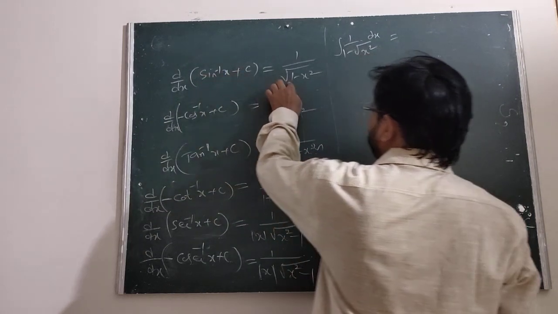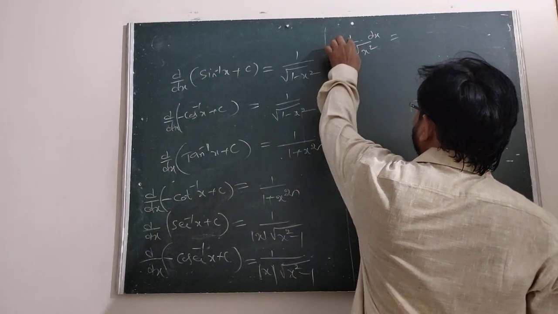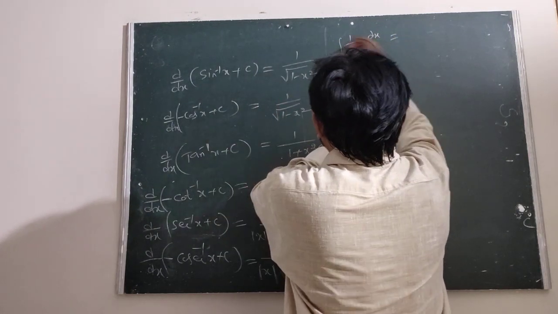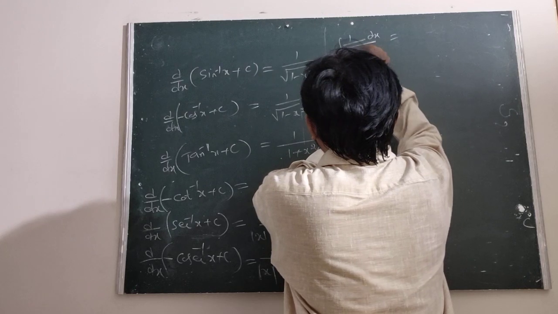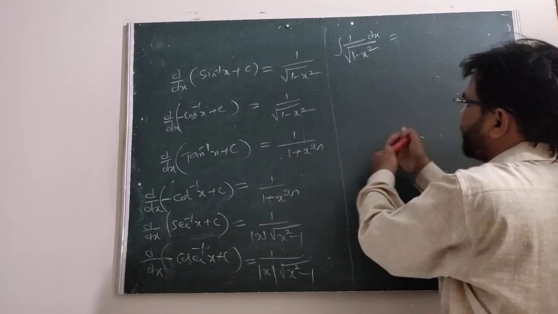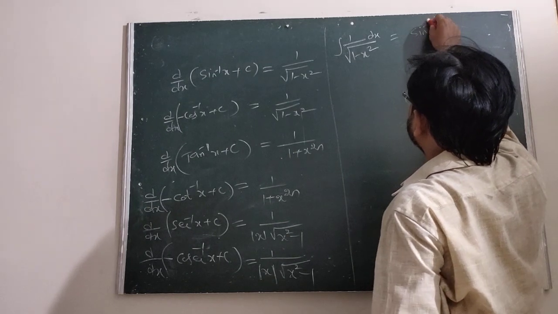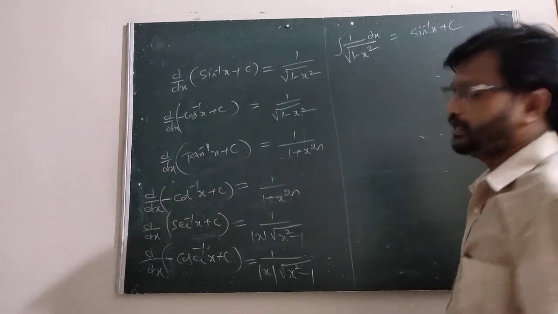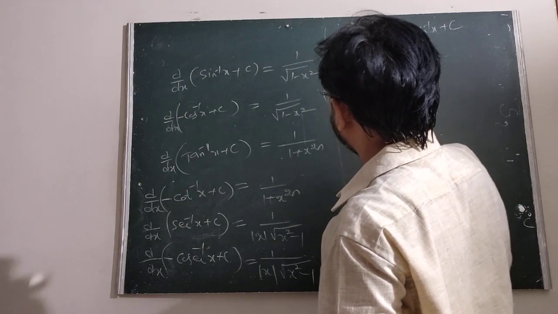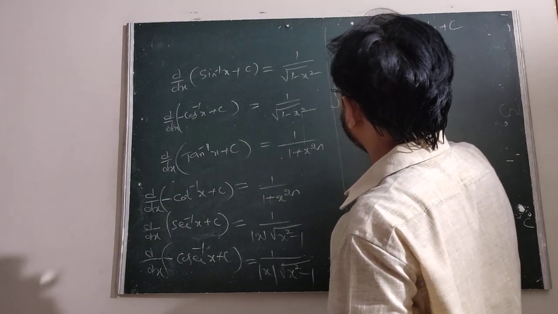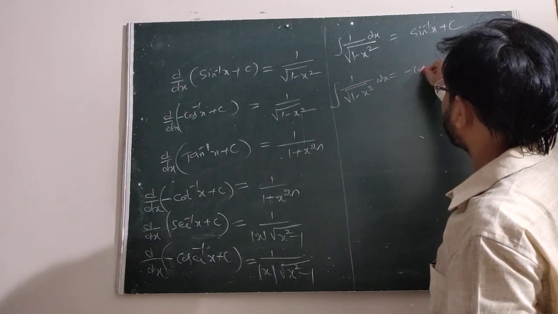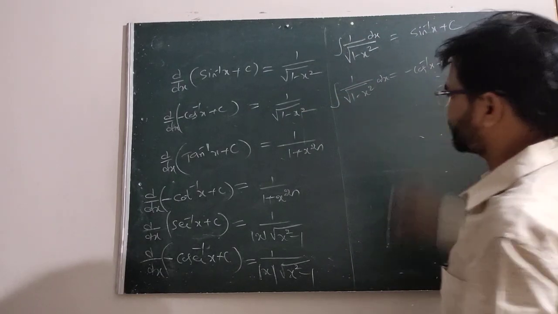Therefore the integral of 1 upon under root 1 minus x square dx is the sin inverse of x plus c. Now this is also the integral of 1 by root of 1 minus x square dx is the minus of cos inverse of x plus c.